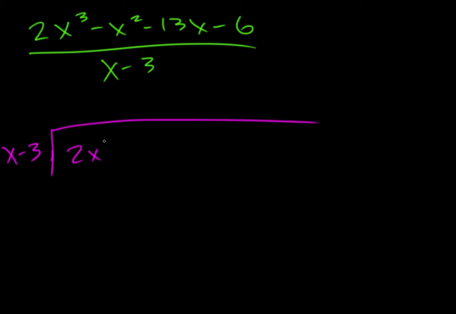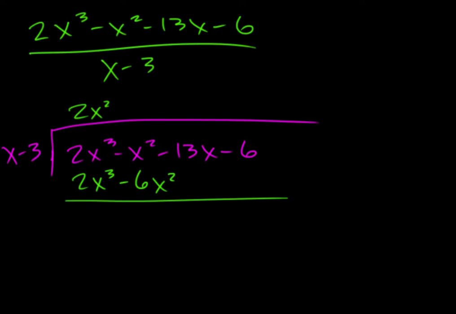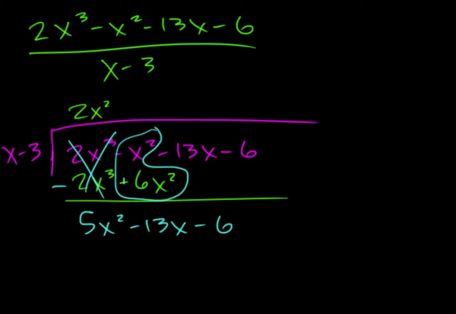Then we get 2x cubed minus x squared minus 13x minus 6. Alright, so we need to multiply by 2x squared, which gives us 2x cubed minus 6x squared. We want to change our signs. These cancel, and these become 5x squared minus 13x minus 6. These ones were able to combine, the others were not.